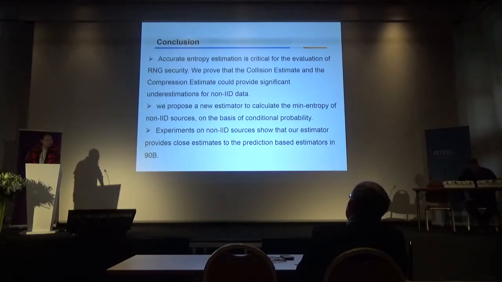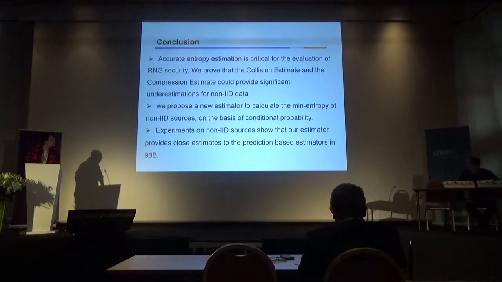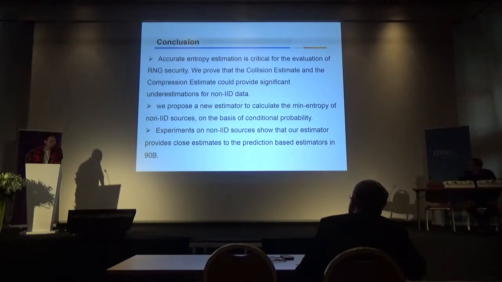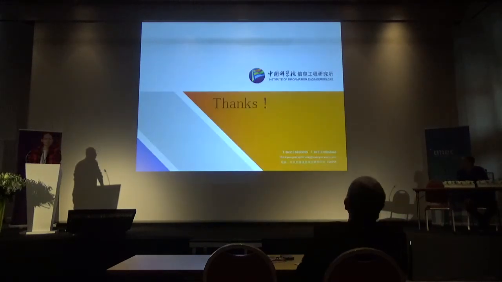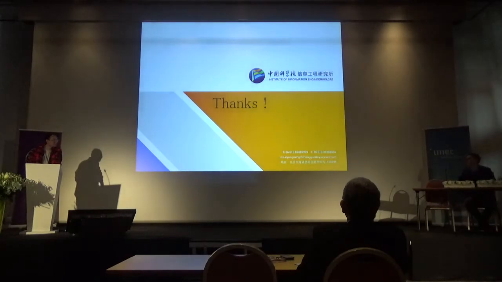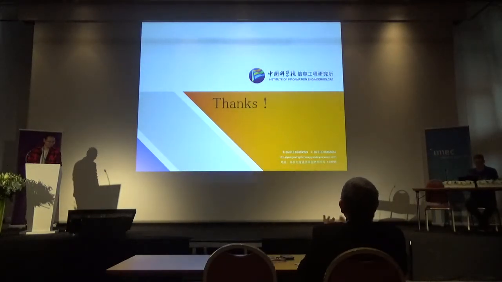And we propose a new estimator to calculate the mean entropy of non-IID sources on the basis of conditional probability. And experiments show that our estimator provides estimates comparable to prediction-based estimators in NIID. And that's all. Thank you. More details are in the paper.